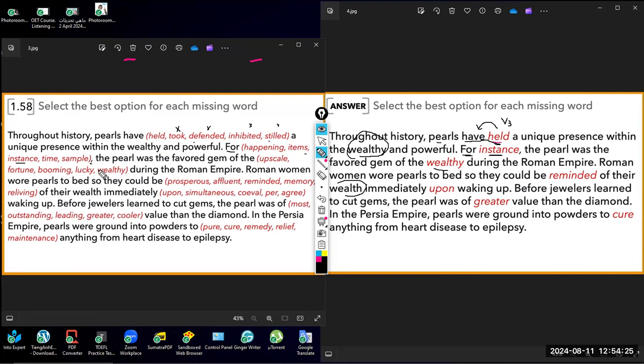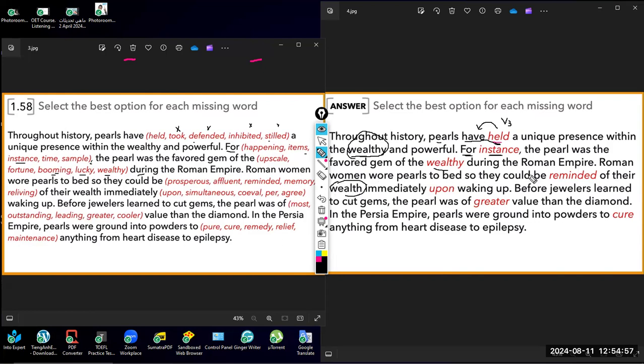So I have to say not upscale, for the upscale during the Roman Empire, not lucky and not booming. So notice that of the wealthy. And keep in mind, guys, that lucky is an adjective. Booming is an adjective. So I have to select wealthy.